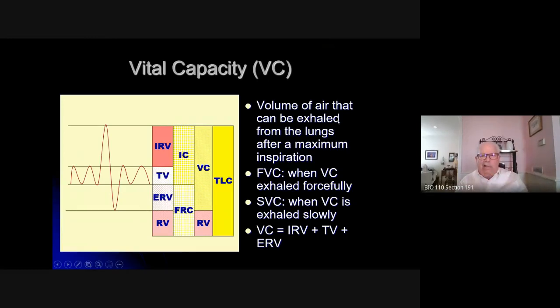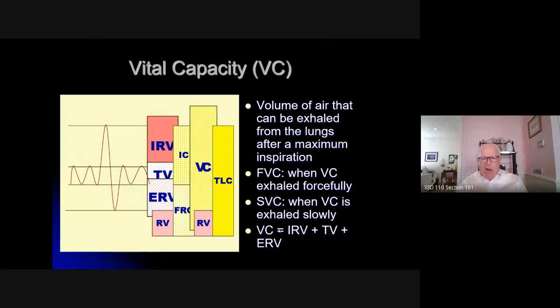And that is the vital capacity. The vital capacity is the inspiratory reserve volume, the tidal volume, and the expiratory reserve volume. As you can see, the VC is right there, and it has all of these volumes, the IRV, the TV, and the ERV.